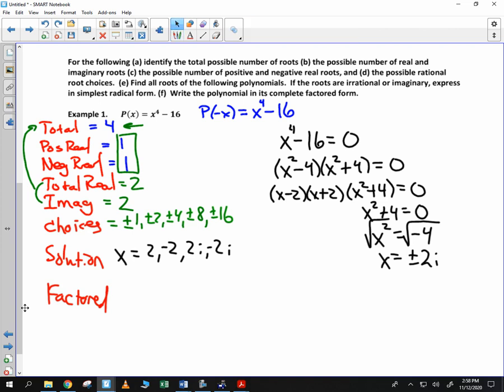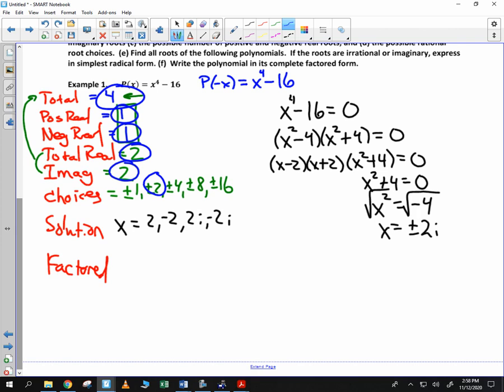Those are my solutions. They match up identically with 1 negative real, 1 positive real. That's 2 total real. That's 2 that are imaginary, 4 total solutions. Notice how positive and negative 2 show up there.